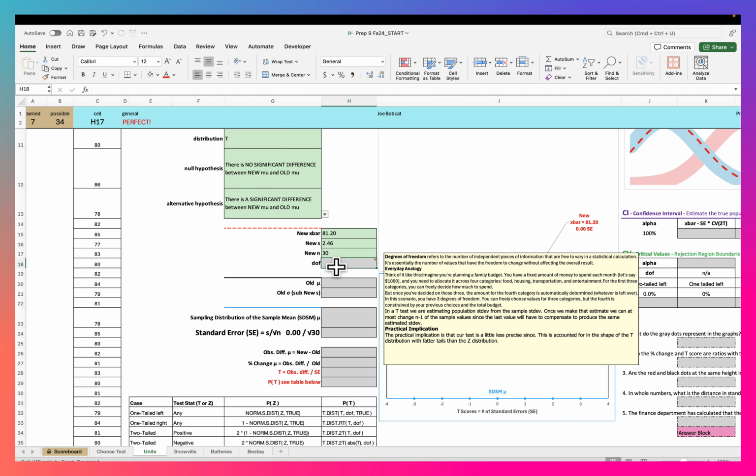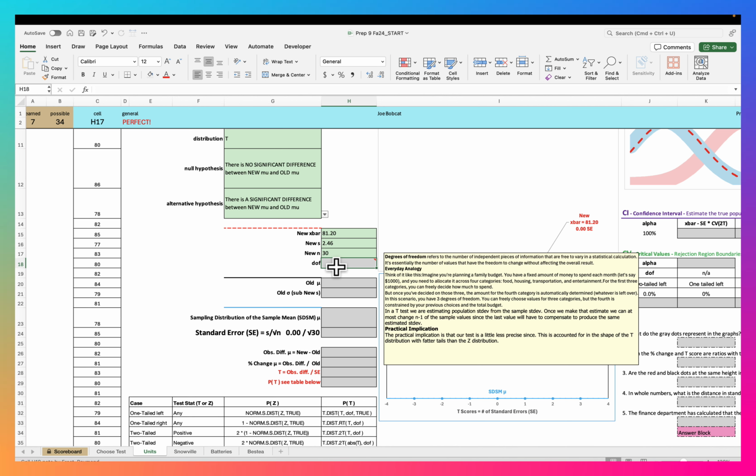budget. In a t-test, we are estimating population standard deviation from the sample standard deviation. Once we make that estimate, we can at most change n-1 of the sample values, since the last value will have to compensate to produce the same estimated standard deviation. So what's the practical implication?